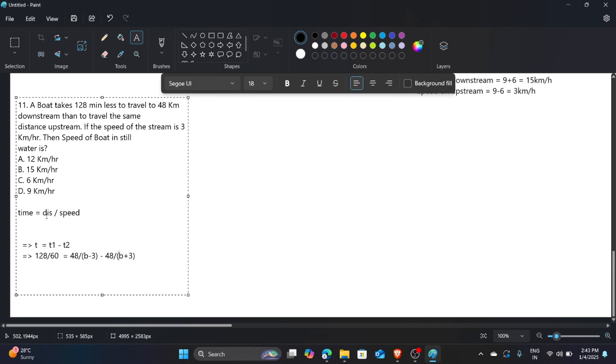Time formula is distance upon speed, so distance 40, and the speed is v minus 3 upstream, v plus 3 downstream. Now if we solve this equation, then obviously we get the answer.